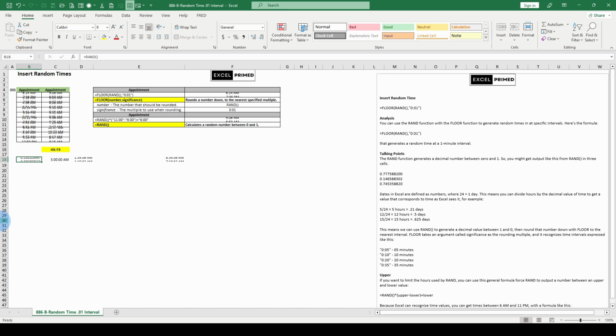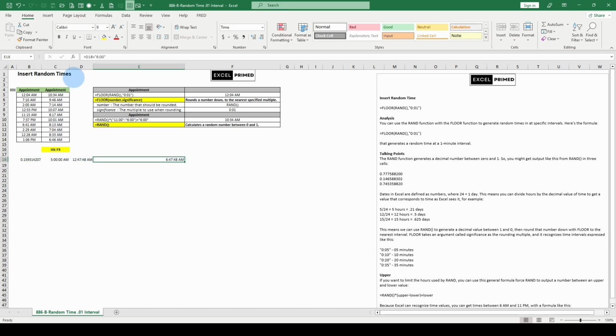F9. Okay, that's close enough. You could see this on a 1 to 5 scale would be closer to 1. But because time is converted, we're going to look at 12:47. Add 6 to it: 6:47.